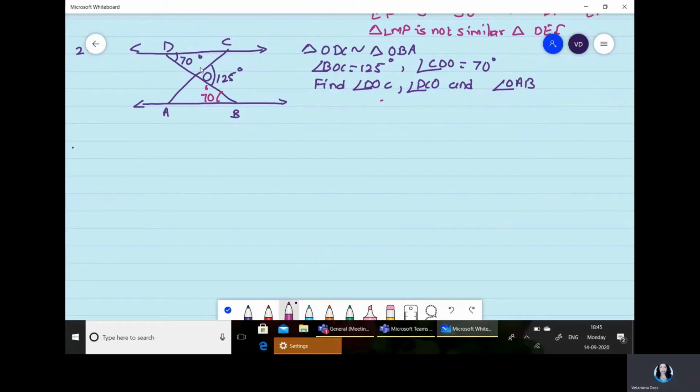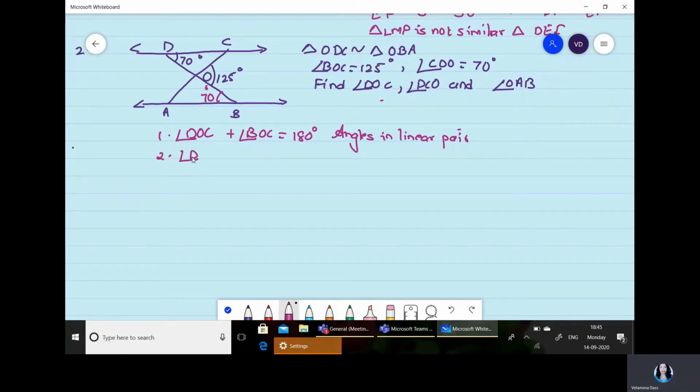Now let's see. If BOC is 125 degrees, can I find angle DOC by forming a linear pair? So here I can write that angle DOC, because that is the first thing they ask, plus angle BOC equals 180 degrees. That is the reason: angles in a linear pair. So here BOC is 125 degrees.